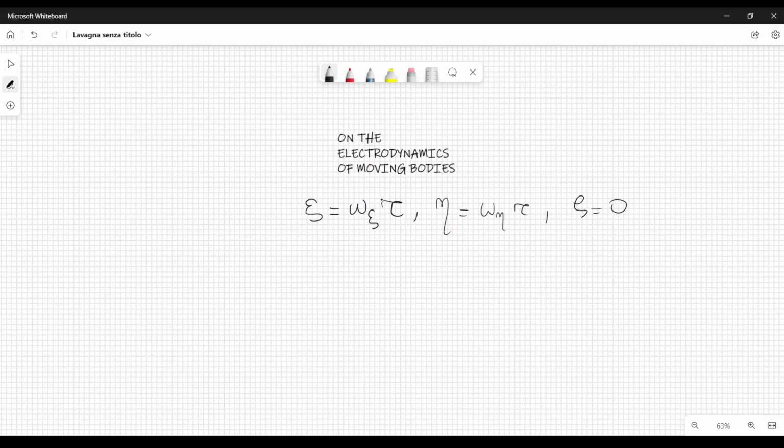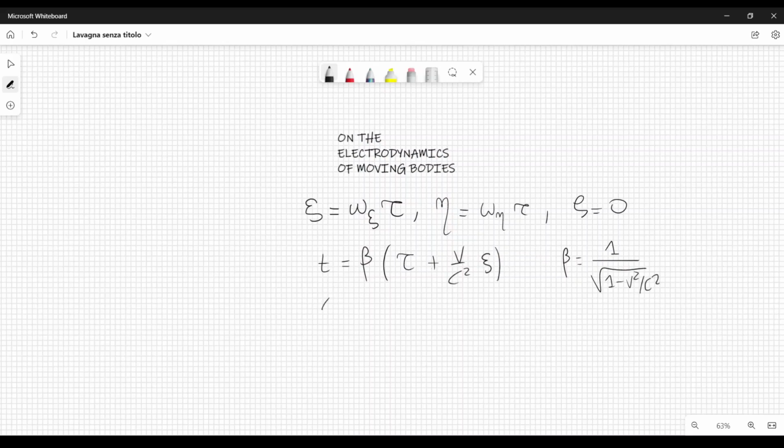Now we want to find the motion of the point relative to the system uppercase K. And we can do so by considering the Lorentz transformations written like this: t equal to beta times tau plus v over c squared xi, and remember that beta is equal to 1 over the square root of 1 minus v squared over c squared.